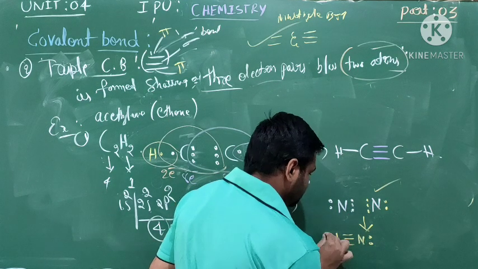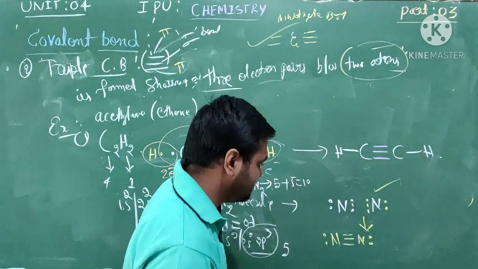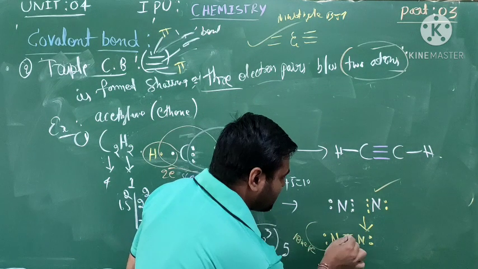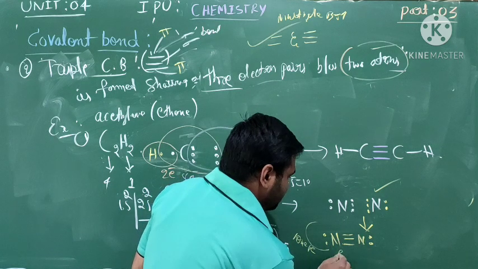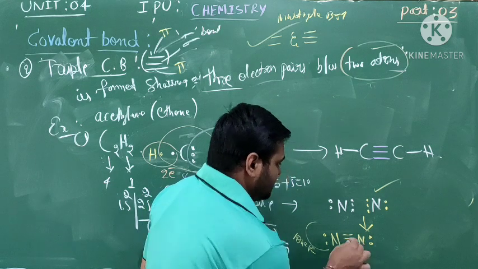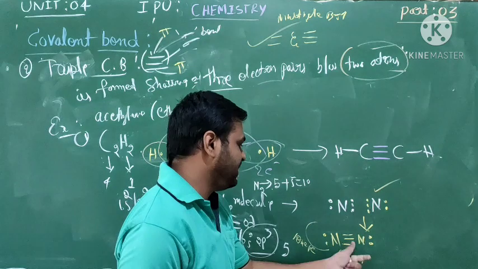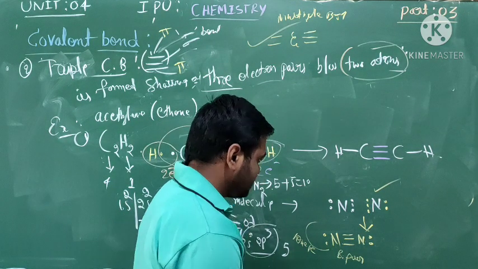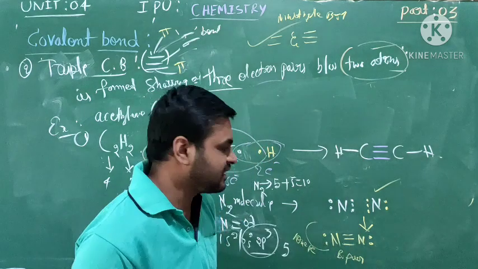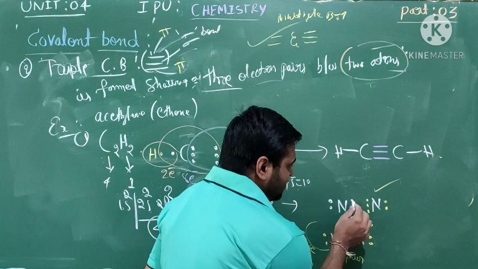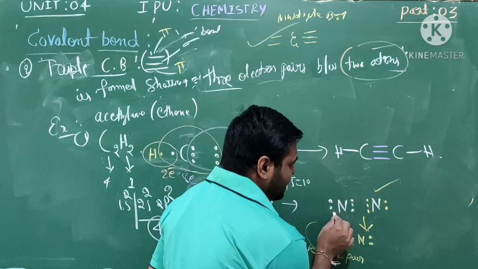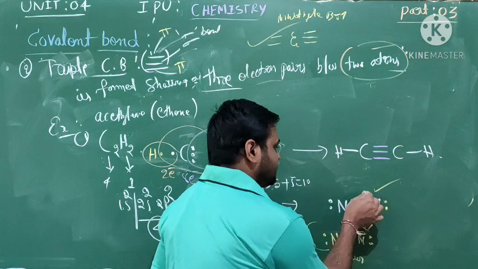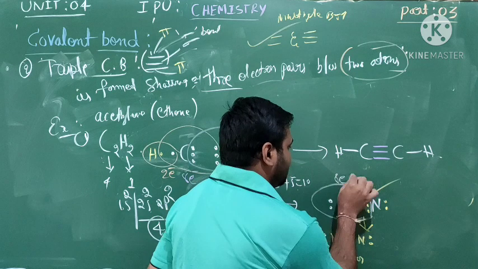These are all lone pairs of electrons, and these are all bond pairs. BP is bond pair electrons, LP is lone pair of electrons. Just imagine the octet. This nitrogen has 1, 2, 3, 4, 5, 6, 7, 8, which is 8 electrons.